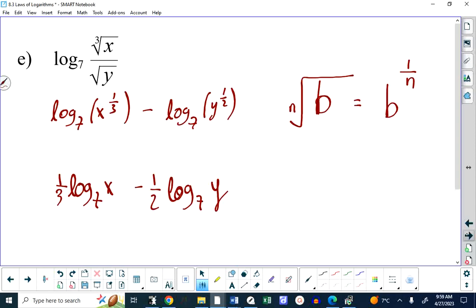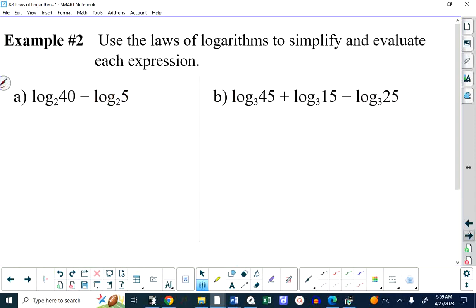What might be challenging for some people is there's all these rules that we have to apply, plus we still have to be aware of our exponent laws. We're still going to be using those. Use laws of logarithms to simplify and evaluate. We are not throwing this into our calculator. Again, I ask this question because it helps me as a teacher, and I'm also asking to challenge you. How many of you see that that's equal to 3?